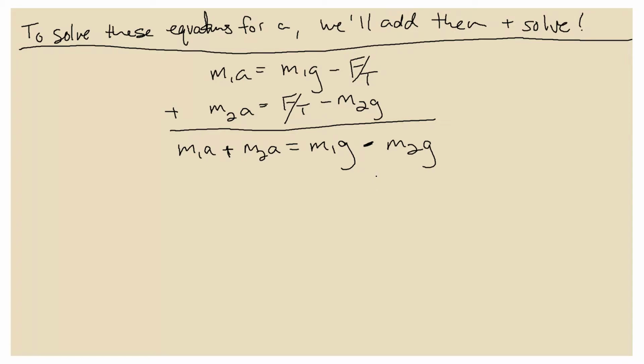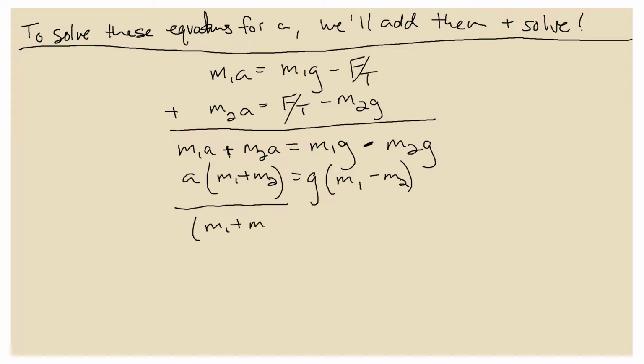I think the key thing to realize, and I hope everybody sees this: on the left-hand side, there's an A in that one and an A in there, and on the right-hand side, there's a G and then a G. We could factor. So I'm going to factor out the A. I got A times M1 plus M2, and that's equal to G times M1 minus M2. And now to solve this for A, I have to divide both sides by the sum of the masses.